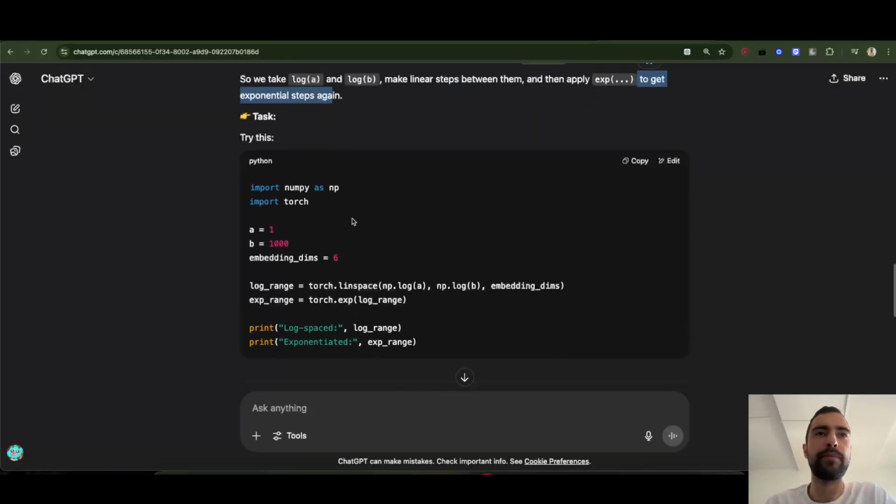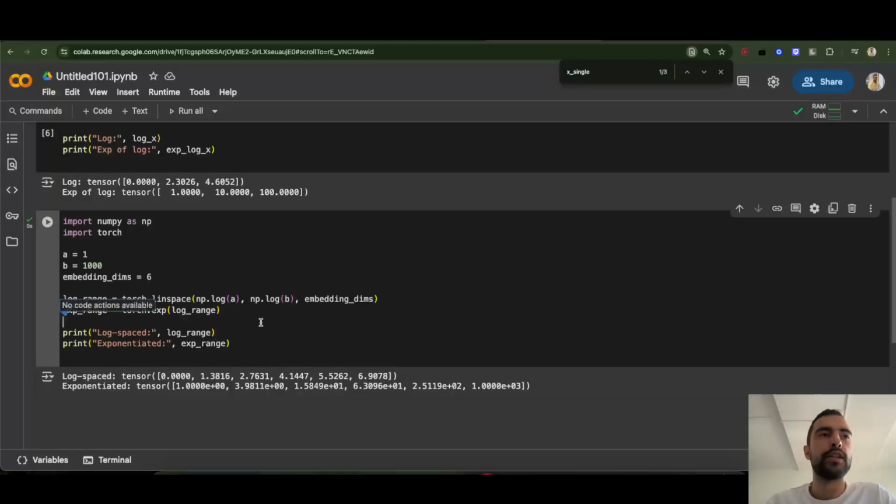Let's see on an example how that works. So we want to make 6 different numbers between 1 and 1000, but we don't want them to be linearly spaced. We want them to be exponentially spaced. So this is the result that we want. You see here, this is 1, this is 3.9, this is 15, this is 63.